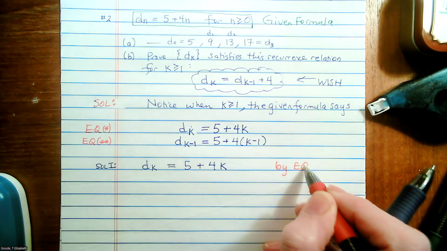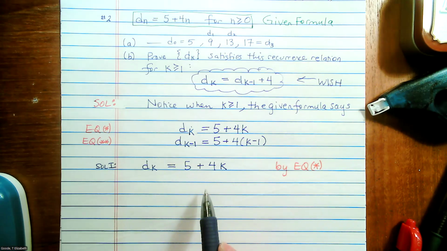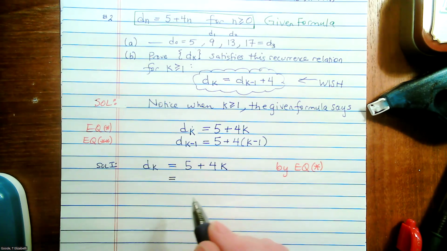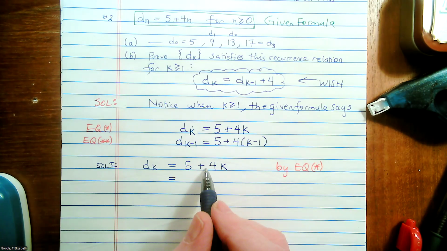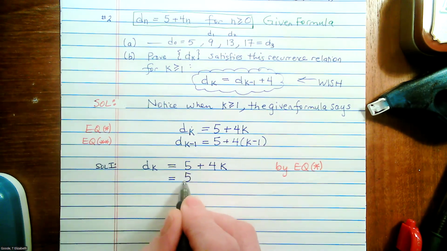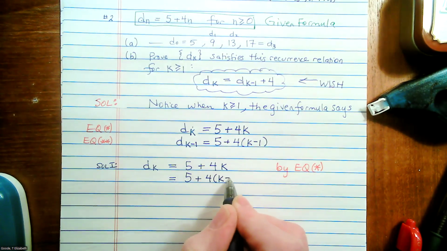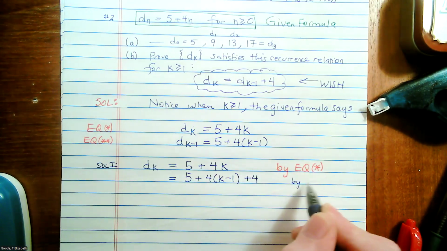There was a WebAssign problem very similar, except I think it was geometric. Well, one of the things we can realize is that 5 plus 4k is equal to 5 plus 4 times k minus 1 plus 4. This is just by algebra.